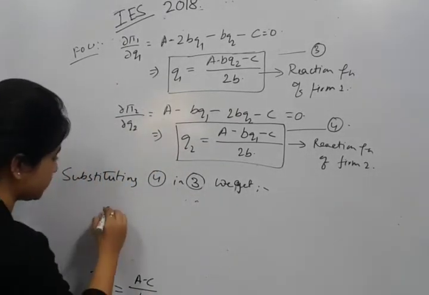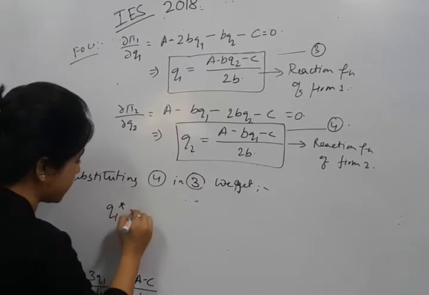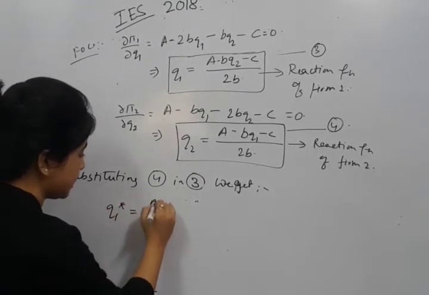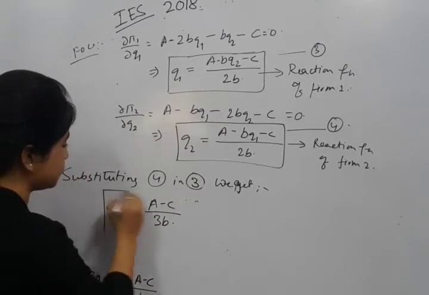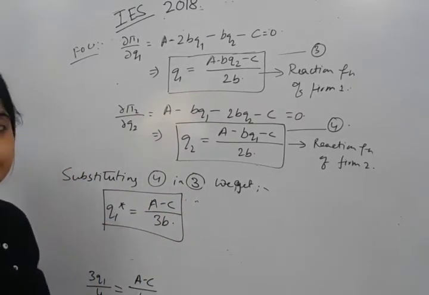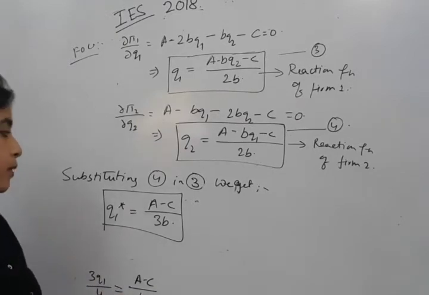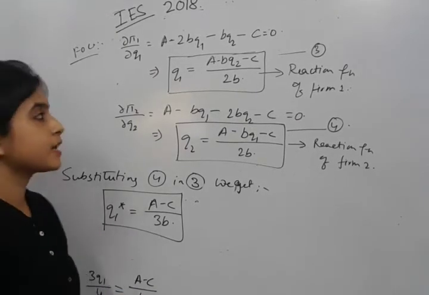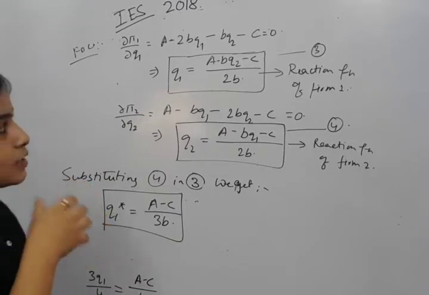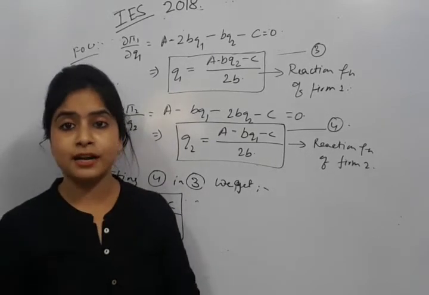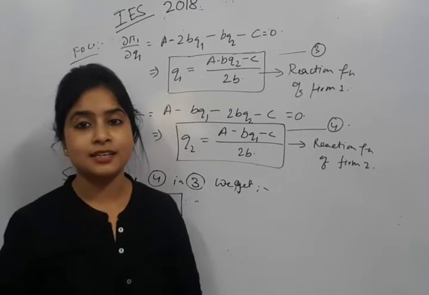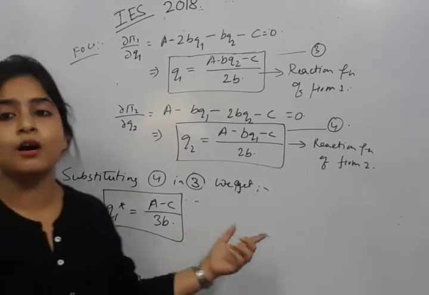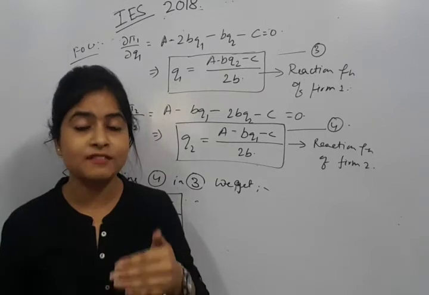So what is the thing that we are getting? Q1 star, we can write it as (A minus C) divided by 3B. So this is the output of farm 1 that will be producing. As it is a Cournot market, the basic characteristics of the market say that both the farms are choosing their output level at the same time.